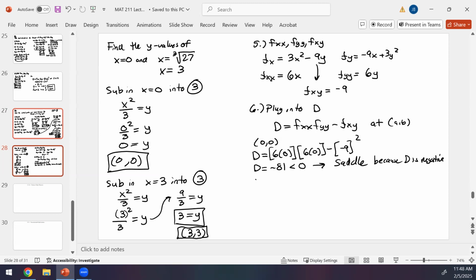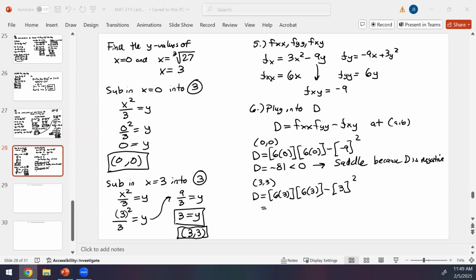And then you go to the next coordinate, 3, 3. So D is equal to 6 times 3, 6 times 3 minus negative 9 squared. And so I get 18 times 18, so 18 squared. And so 18 times 18 is 324 minus 81.